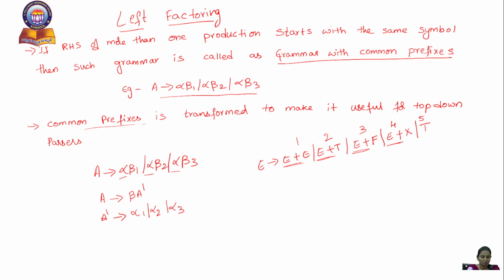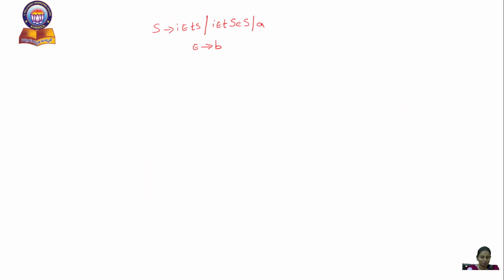Like this you can eliminate the left factoring. I can give one example, then you can easily understand. Consider this example: S derives iEtS, S derives iEtSeS, and S derives a, and E derives b. Here this grammar is perfect, with no need of transformation.